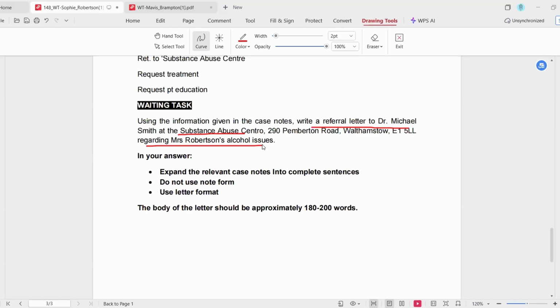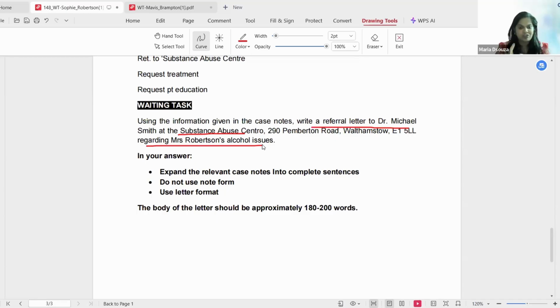Am I right? Yes, ma'am. So one is about smoking cessation, one is about alcohol substance abuse. I picked these two case notes to show that the information in the case notes varies from one letter to another. So it's always very important to read the writing task.